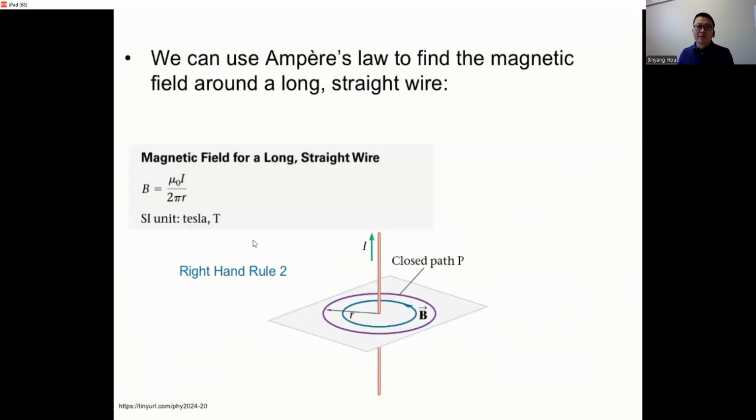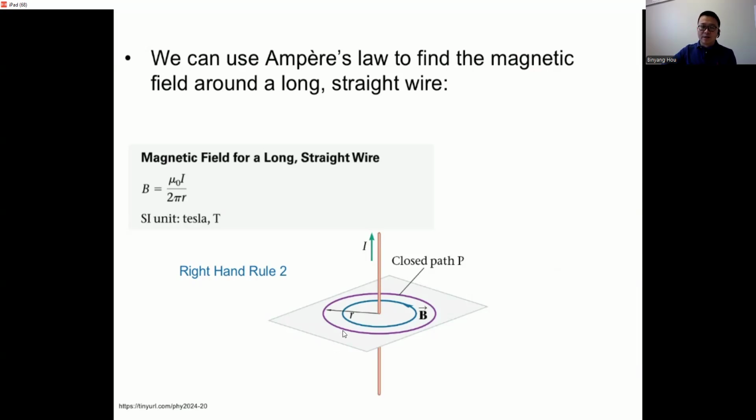And then we looked at the application of that to a straight wire. The magnetic field produced by that straight wire curves around the wire, and you can use your right hand rule to determine the direction of the magnetic field. Your thumb goes in the direction of the current, and your four fingers curve in the direction of the magnetic field.